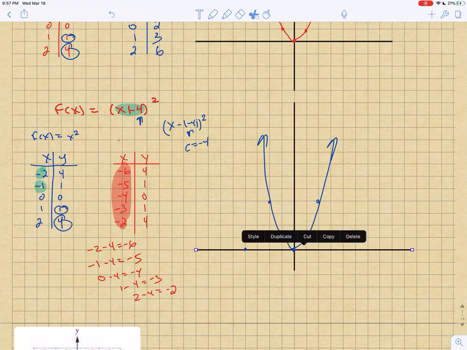There's the point in red. Negative 6, 4. That's 4, 5, 6. 1, 2, 3, 4. Negative 5, 1. Negative 3, 1. Negative 2, 4.